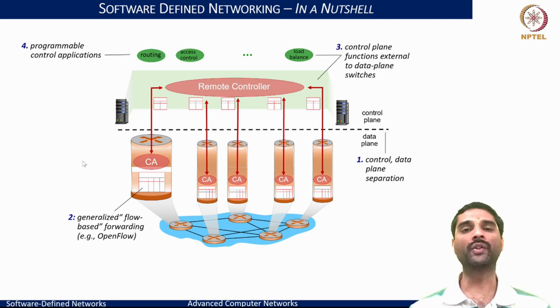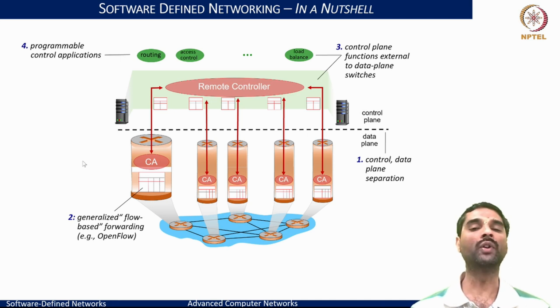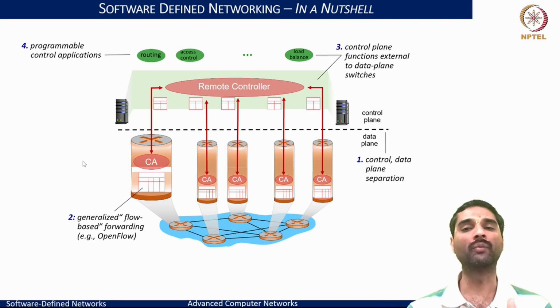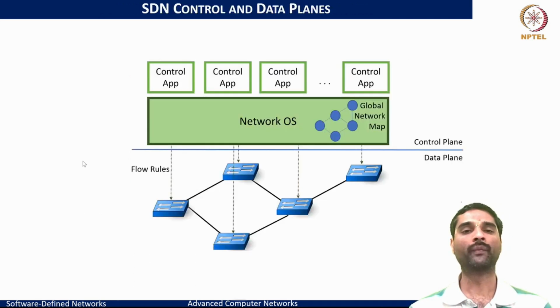So, through this simple decoupling of the control and data plane and centralization of the remote control, we are able to see a paradigm shift in how networks can be operated and managed, in a much simpler and centralized way. And that's where SDN started to gain traction and became very popular.